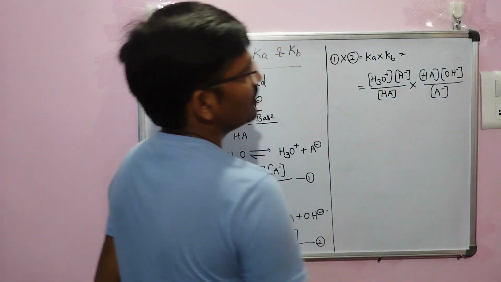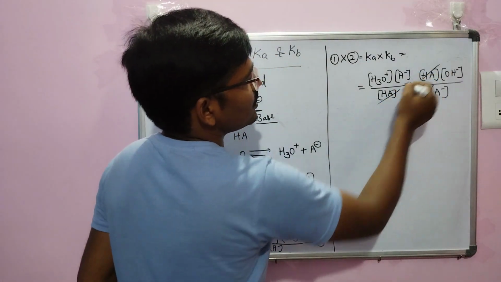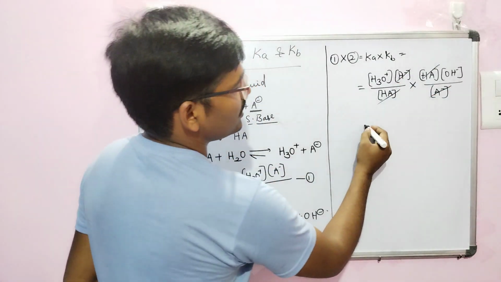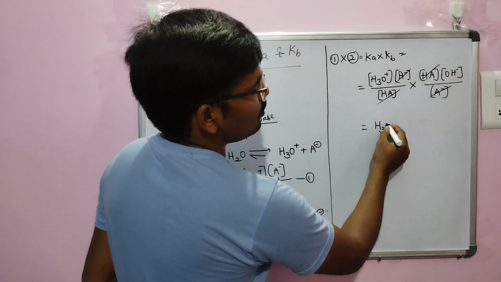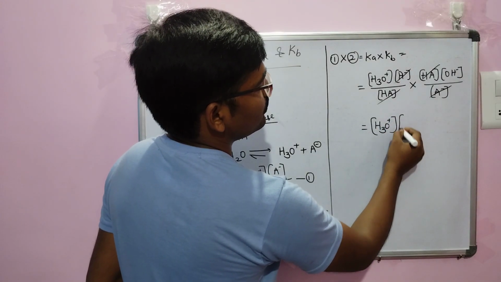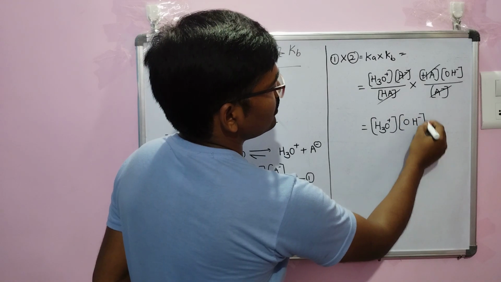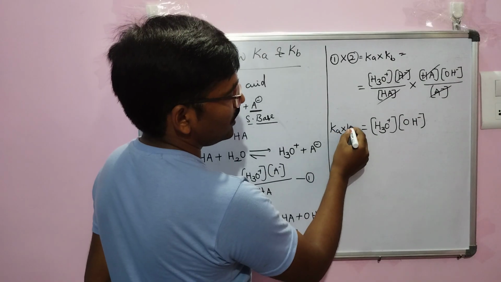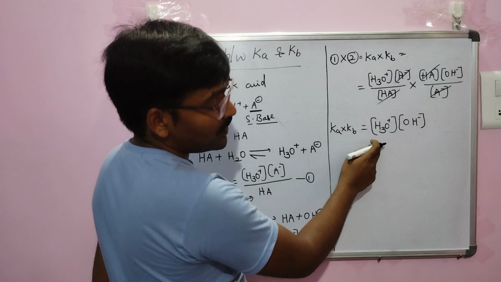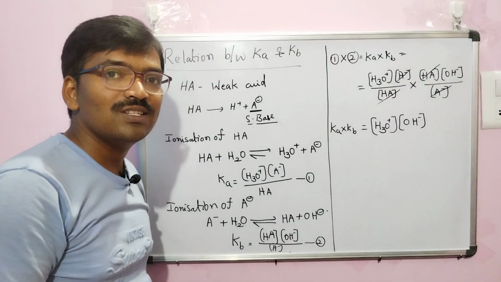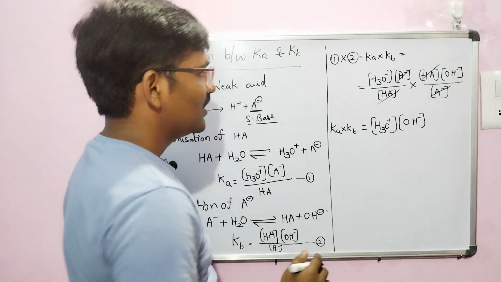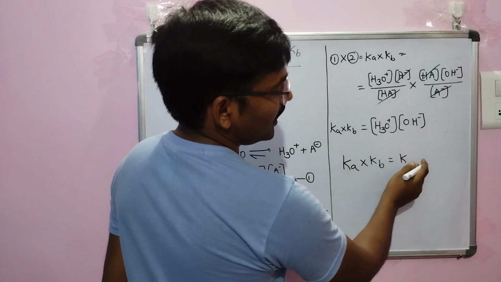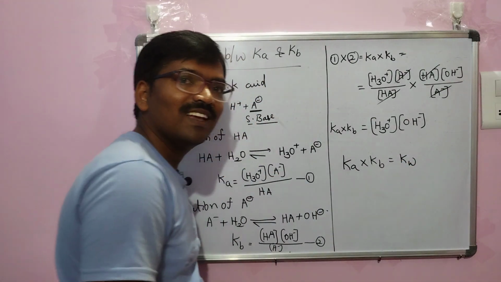Now HA concentration and HA concentration cancel each other, and the A minus ion concentrations also cancel each other. Then H3O plus ion concentration into OH minus ion concentration is equal to Ka into Kb. H plus ion concentration into OH minus ion concentration is also called the ionic product of water. So Ka into Kb equals Kw. Understand, all of you?